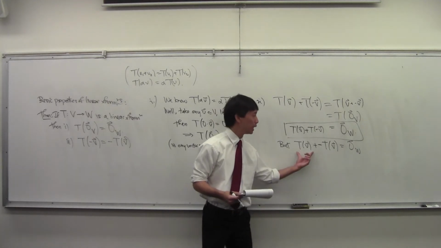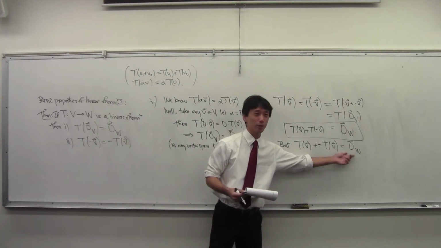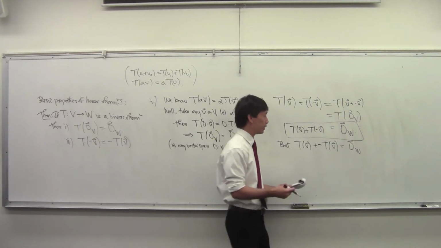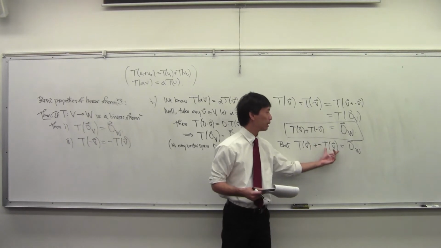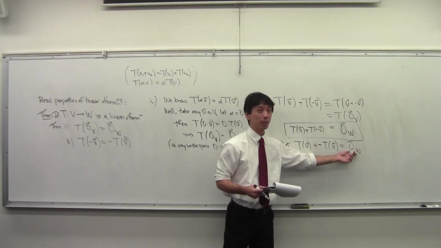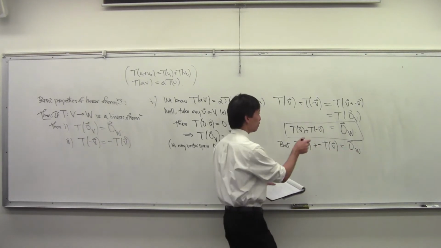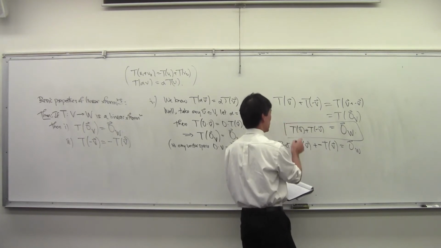Anybody plus its additive inverse is a 0 vector. That's what additive inverses are. This guy plus that guy is equal to 0. And so both of these left sides are equal.